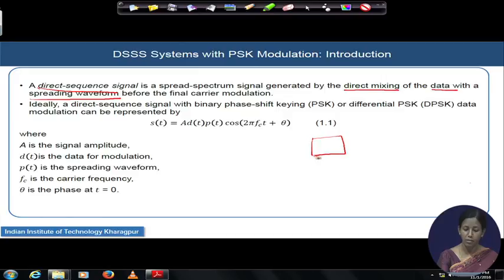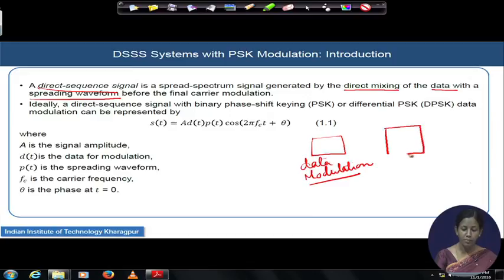The first stage is the data modulation, where the raw data is modulated, and the famous digital modulation techniques we utilize here are BPSK, QPSK, or quadrature amplitude modulation, QAM. The modulation I am referring to in spread spectrum communication is separate from the data modulation, and this is called the modulation due to spreading.